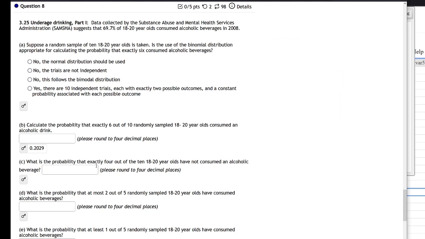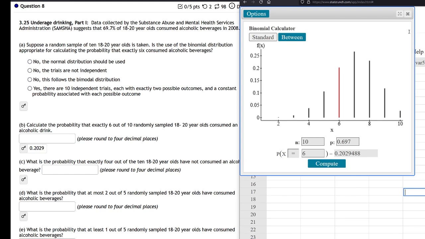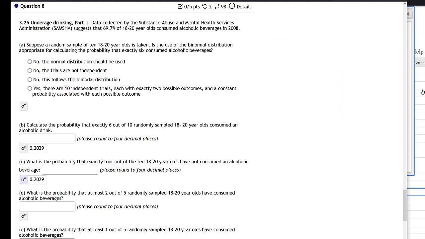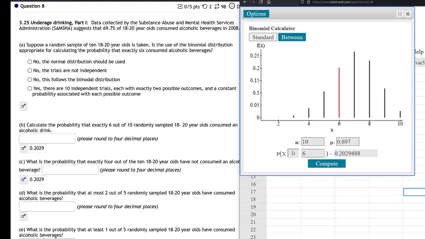Okay. What is the probability that exactly 4 out of the 10 18 to 20-year-olds have not consumed an alcoholic beverage? So what you're going to do there is you're going to find the probability using the binomial calculator that if exactly 4 did not consume alcohol, that means exactly 6 did. So that's actually the same problem we just did.